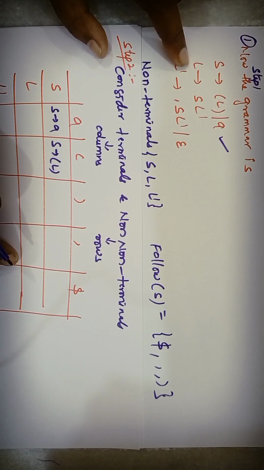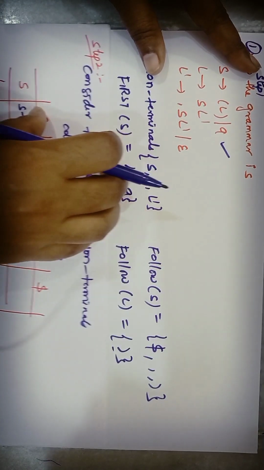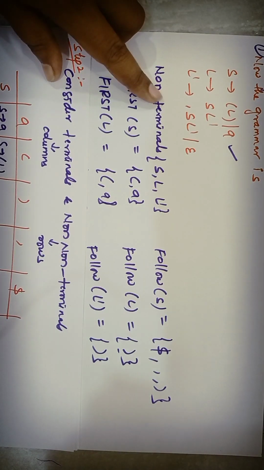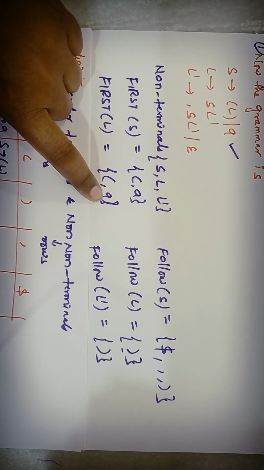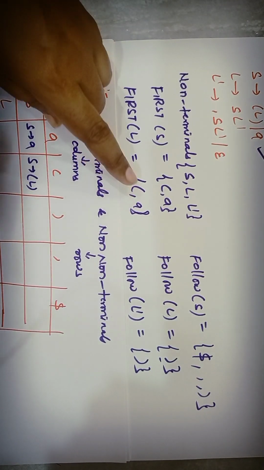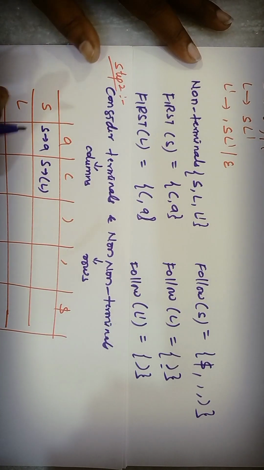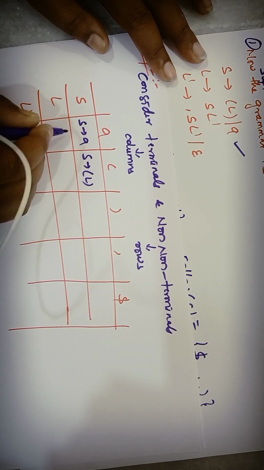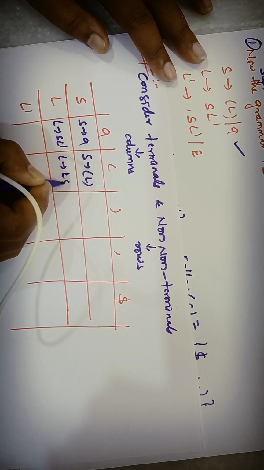Then we have to go for the second production. Here we have only one, L tends to S L dash. So here we have to consider the first of L. What is the first of L here? Open parenthesis, comma, A. So in the open parenthesis and A columns we have to write the same production, L tends to S L dash.